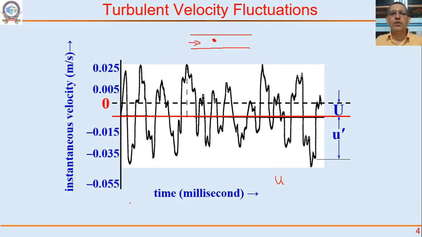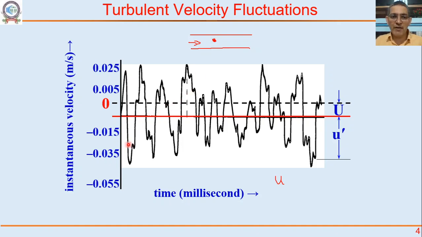Okay. We can also do a time averaging and calculate the time averaged velocity at this point. It is not the cross-sectional average. It is not flow rate divided by cross-sectional area. We are looking at time averaged velocity at one location.